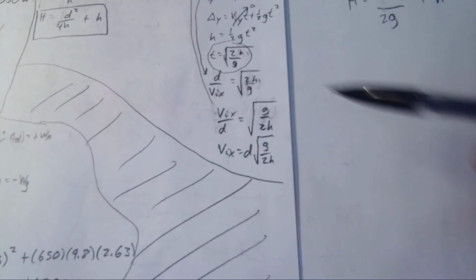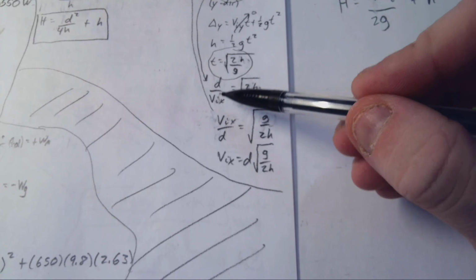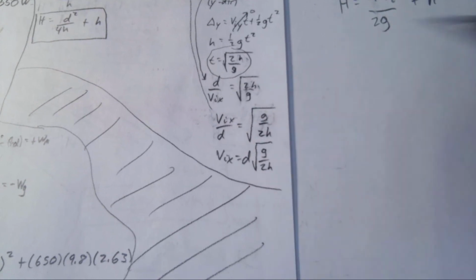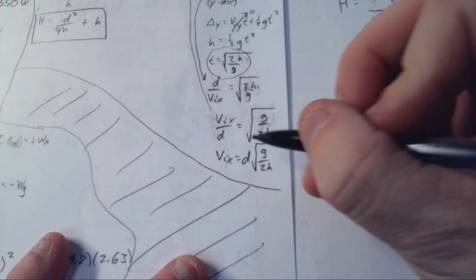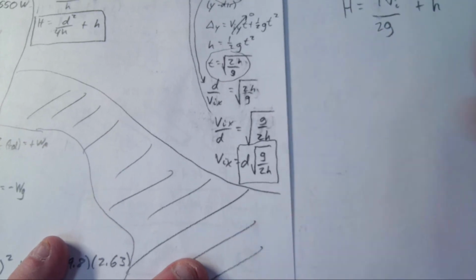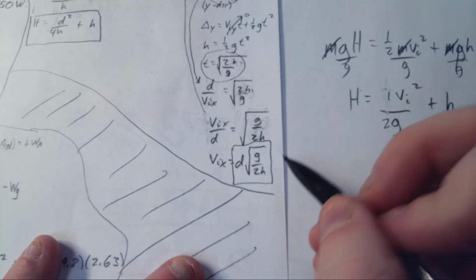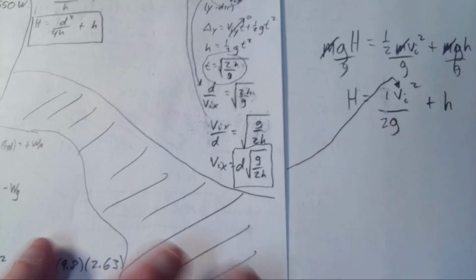Flip that upside down to get to here. And then I solve for V_ix, and this is my equation for V_ix. So what you're doing is you're plugging that into that right there.